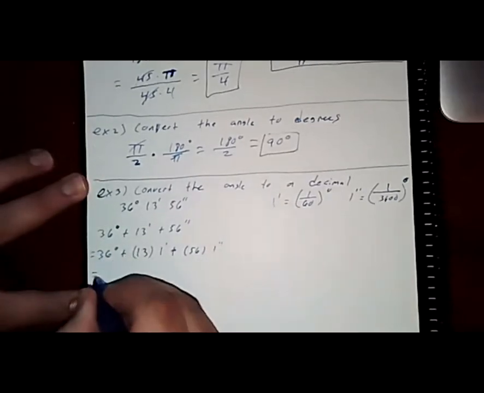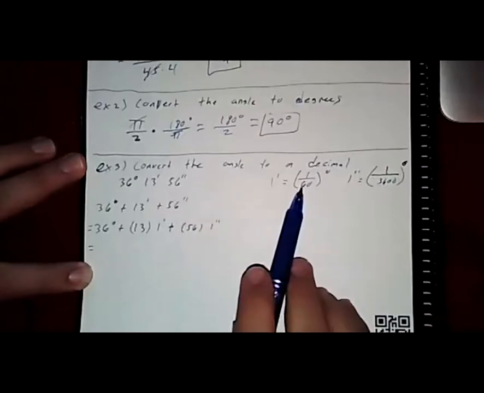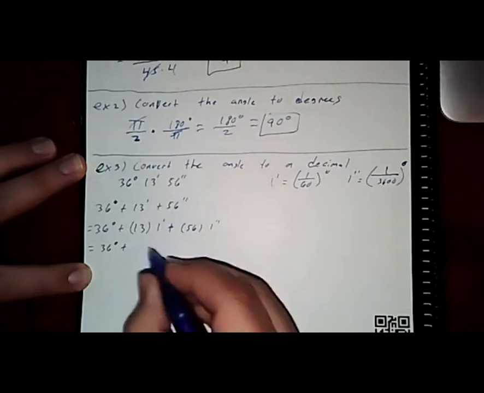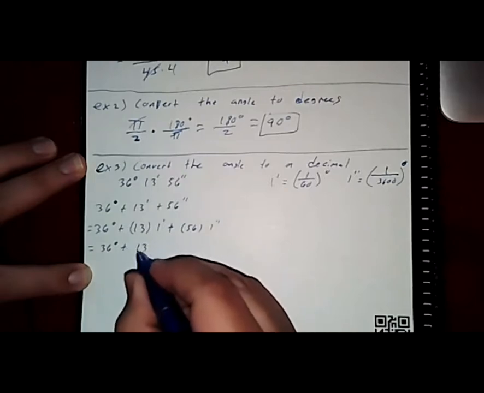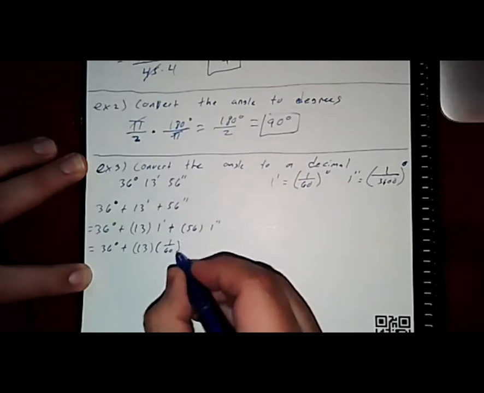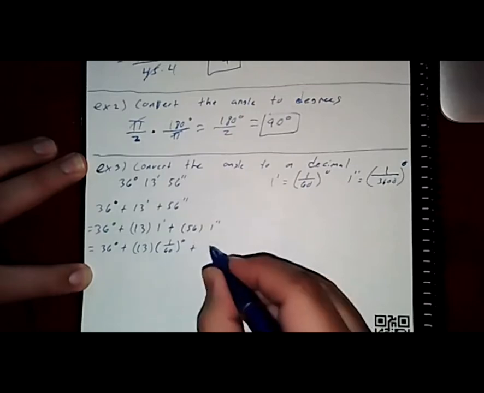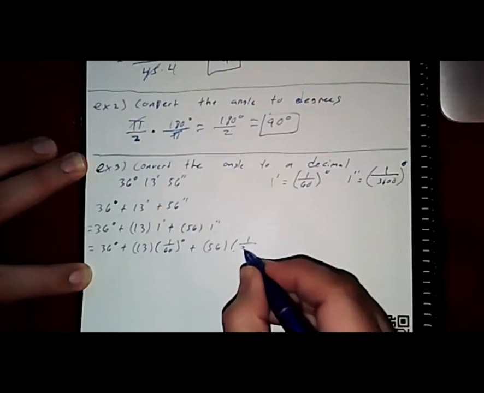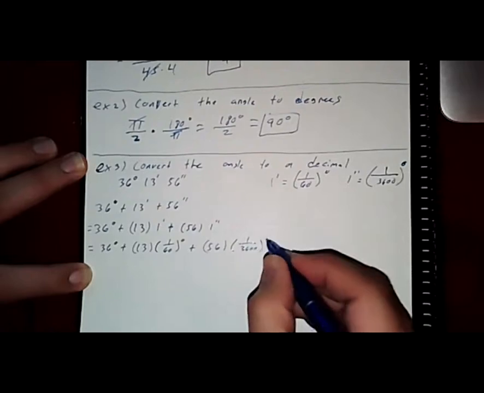Okay. So now use the conversions that I wrote here, and you'll be good. Now we just have to add numbers or use a calculator, really. So this will be 13 times 1/60 degrees plus 56 times 1/3600 degrees.